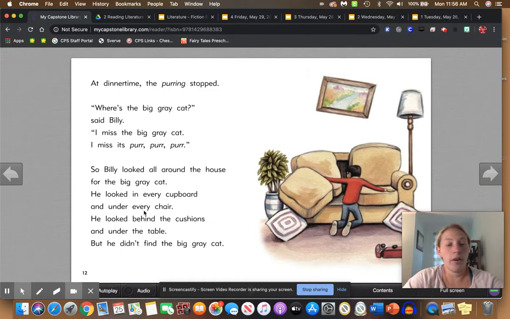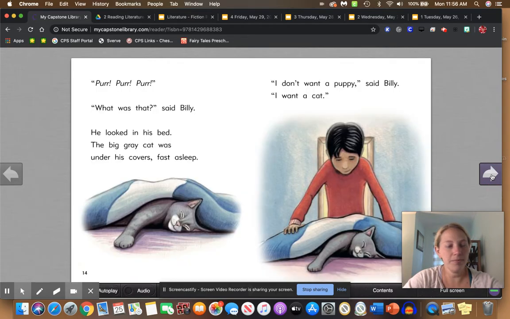So Billy looked all around the house for the big gray cat. He looked in every cupboard and under every chair. He looked behind the cushions and under the table. But he didn't find the big gray cat. Uh-oh. Purr, purr, purr. "What was that?" said Billy.